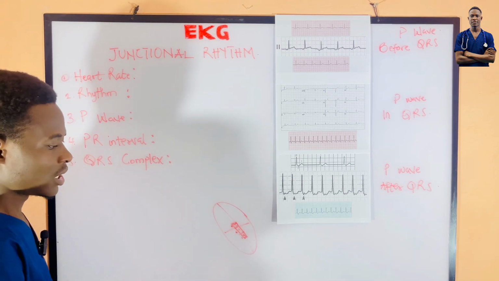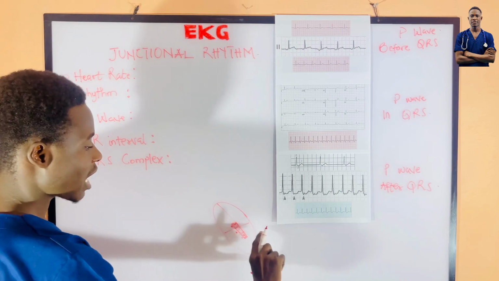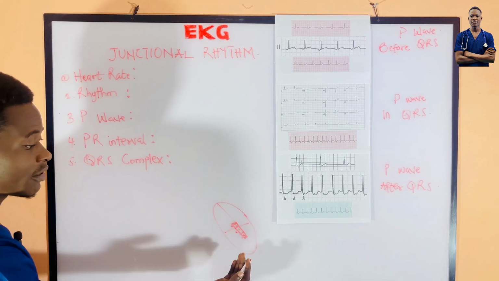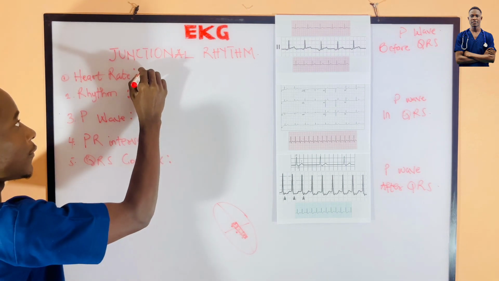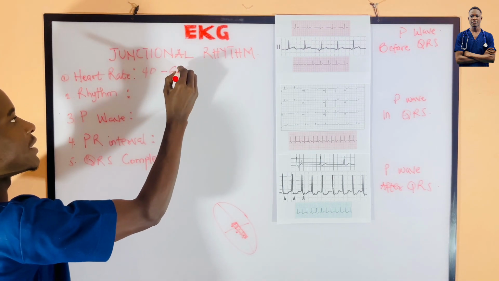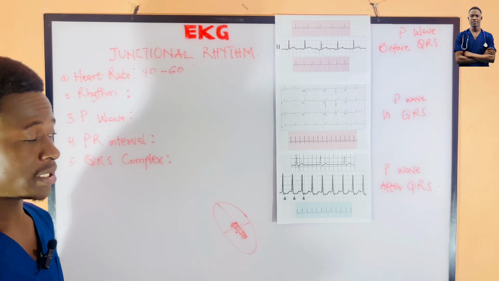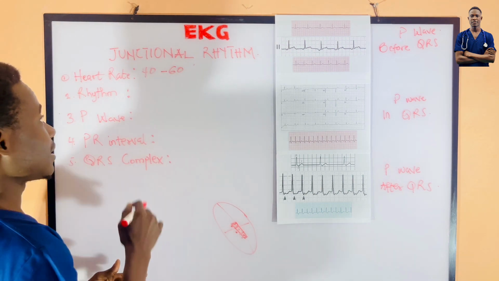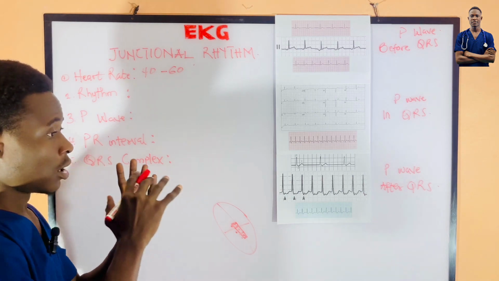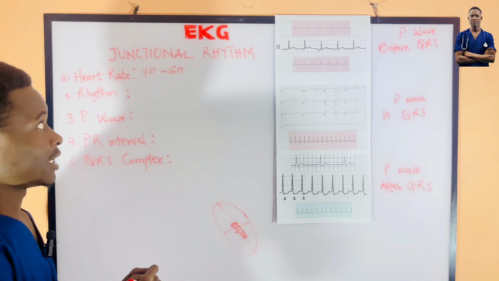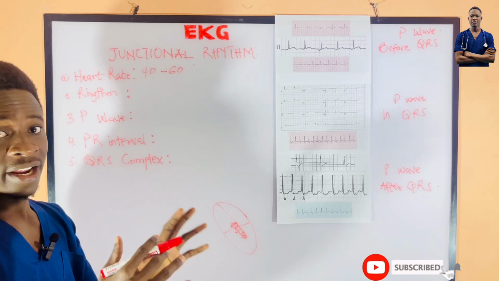But before that, what is the normal heart rate generated by the AV node? The normal heart rate generated by the AV node is 40 to 60 beats per minute. So because of that, we say the normal heart rate of the junctional rhythm is in the form of a bradycardia.